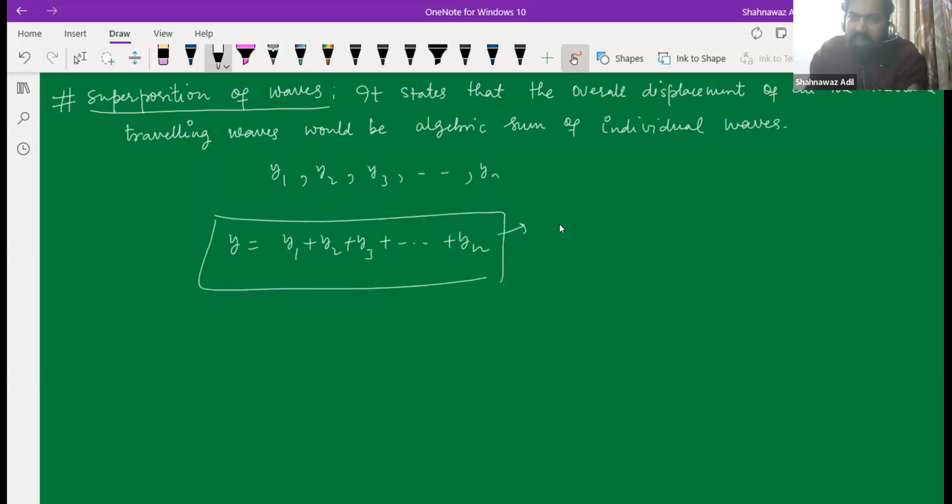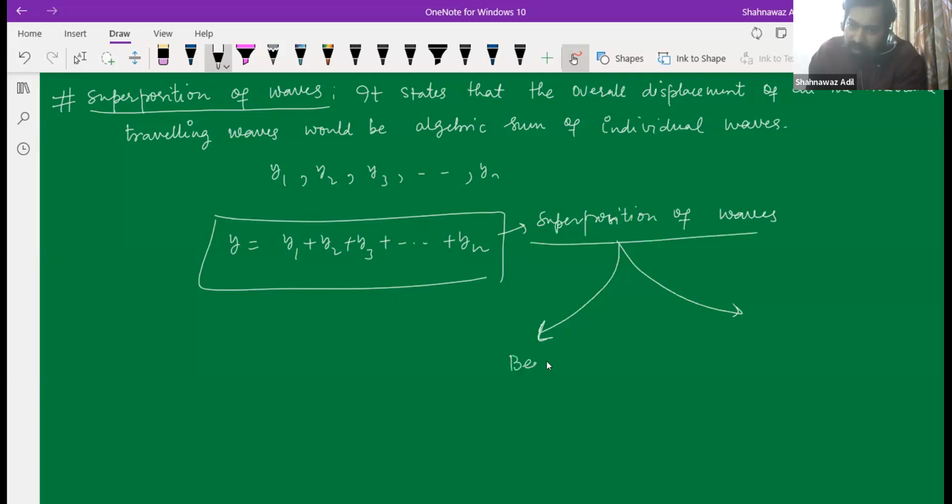They will add just algebraically. This is the superposition of waves, and this part we will use in two topics. One we would use in beats.